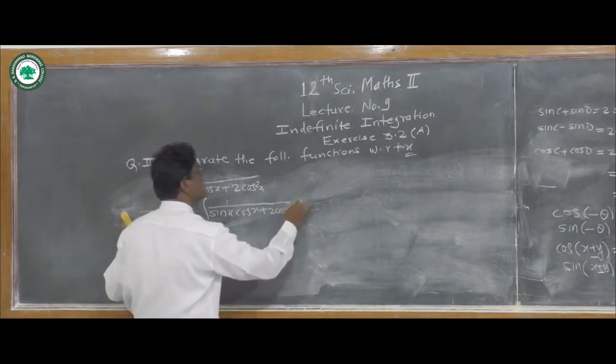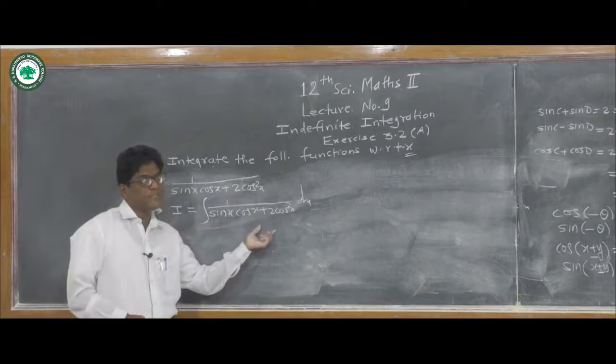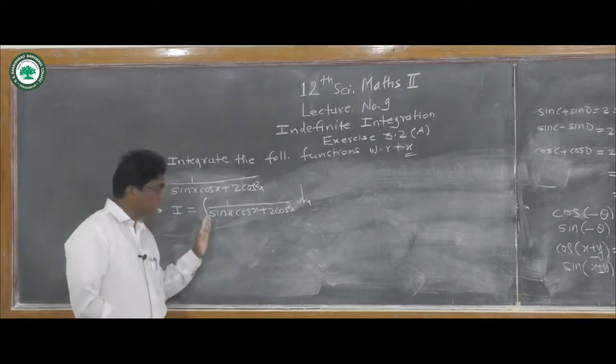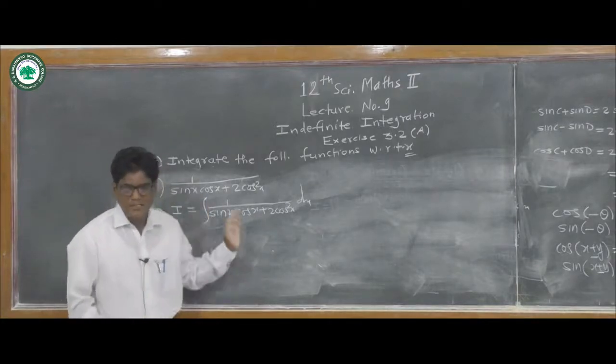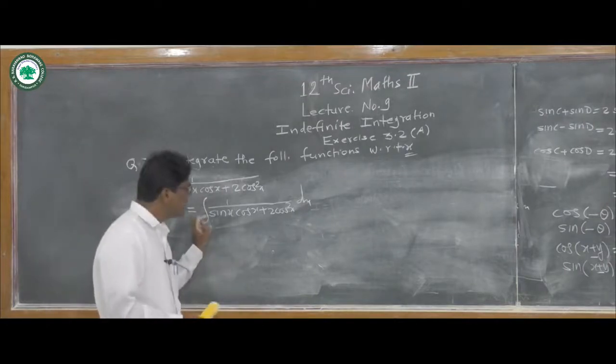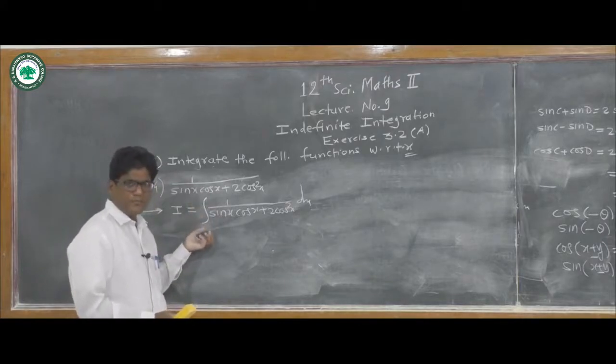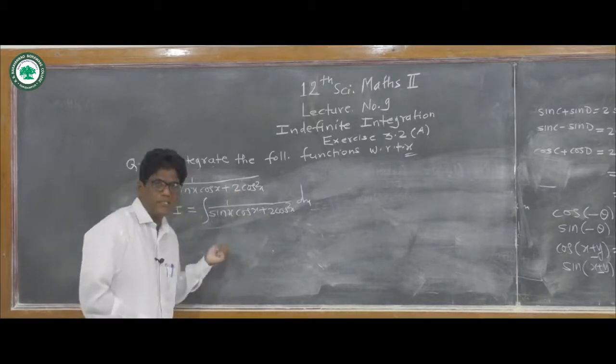Now when there is cos square x in the denominator, this is the new trick. Such types of problems are in exercise 3.2b, there are so many problems of this type where cos square x is present in the denominator.